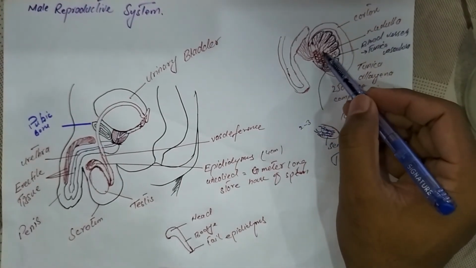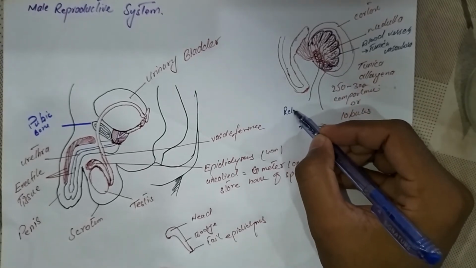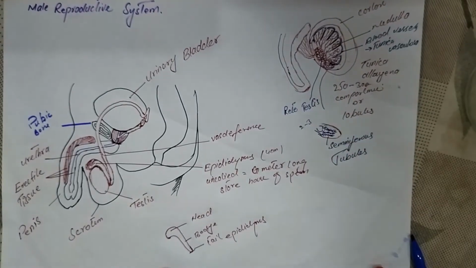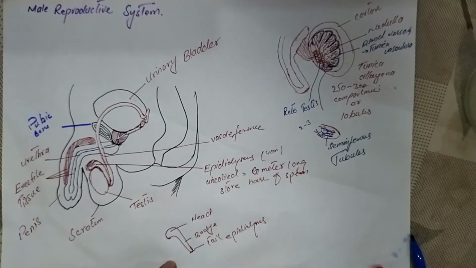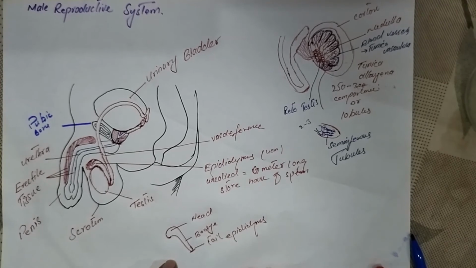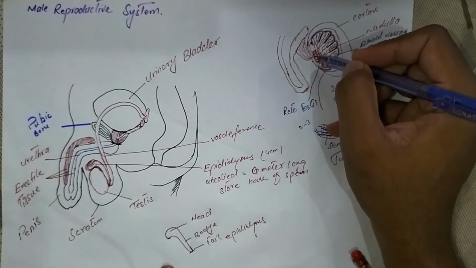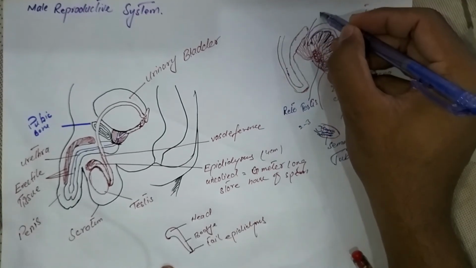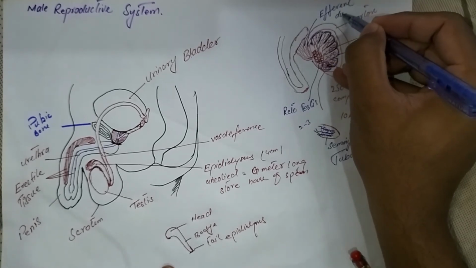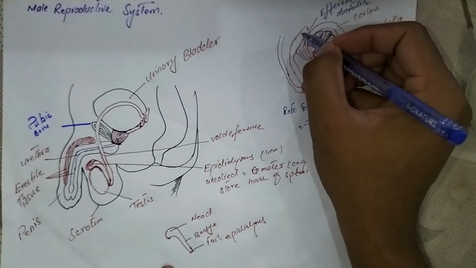These seminiferous tubules unite to form the rete testis. These rete testes form not the ejaculatory duct, but the efferent ductules, and these efferent ductules join to form the epididymis.